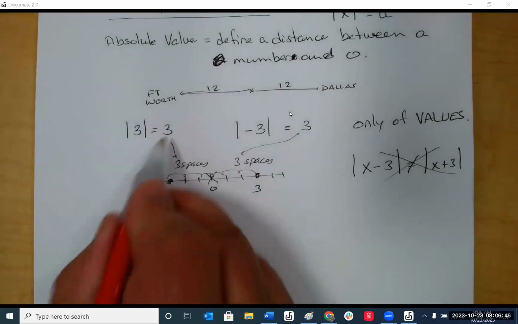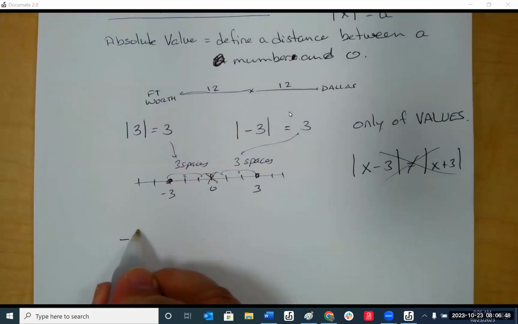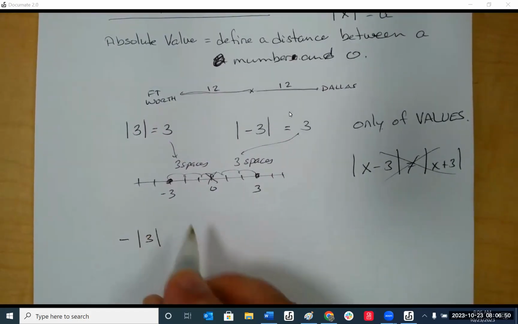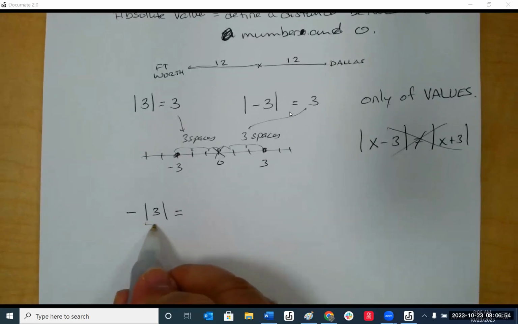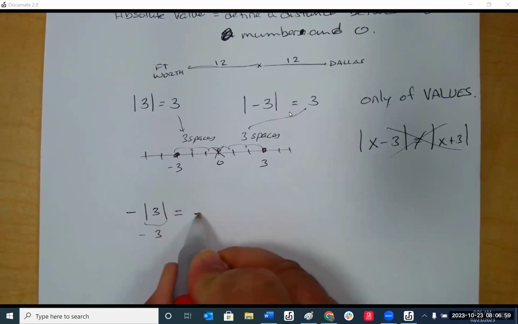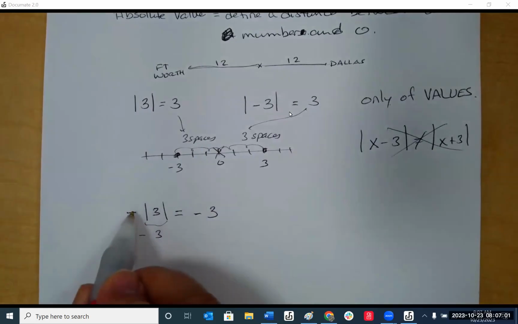Okay, so absolute value of 3 is 3. How about absolute value of -3? Order of operations. The absolute value of 3 is 3, and the negative in front. So the answer is -3, because the negative's outside.